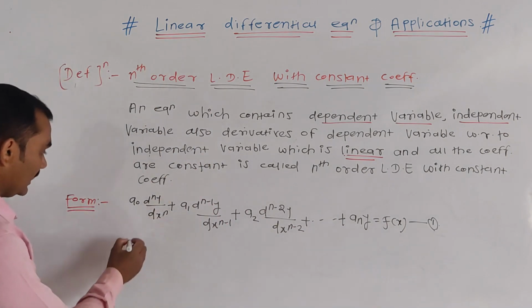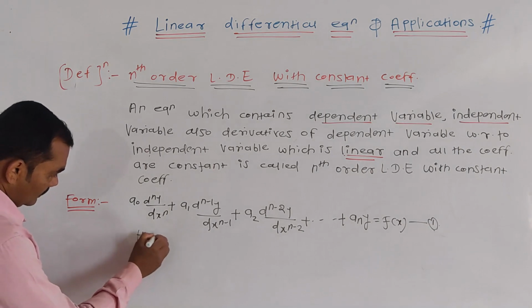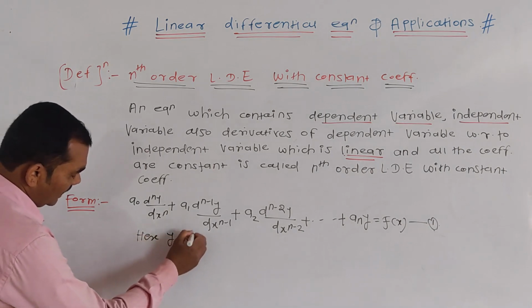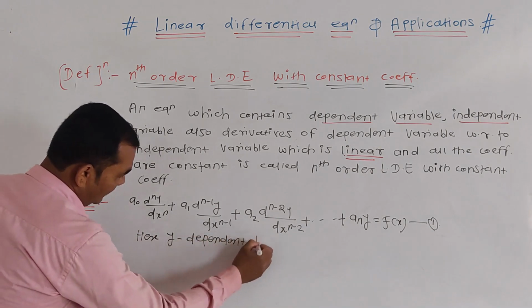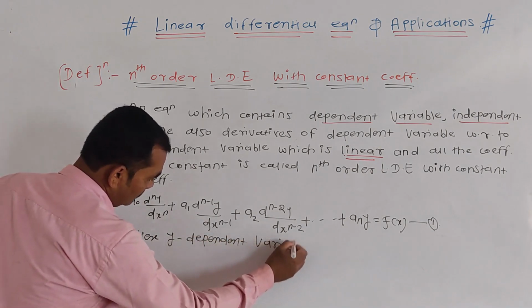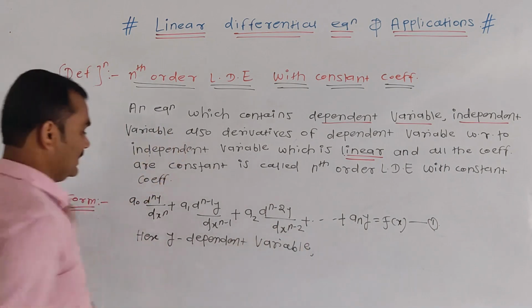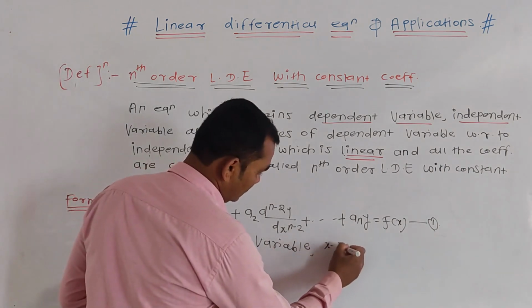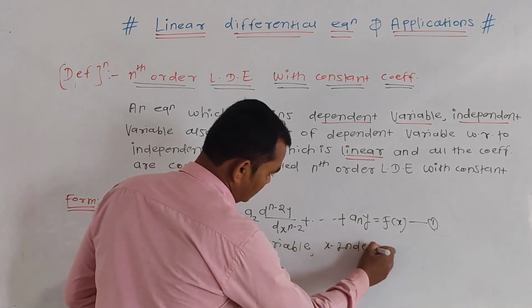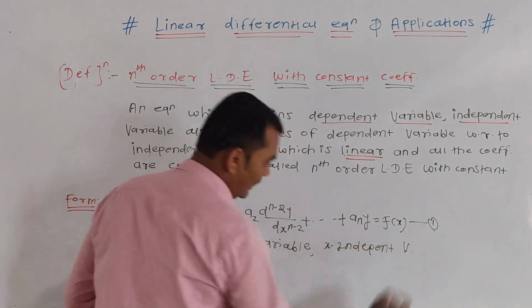Here, how is y? Here y is the dependent variable, and x is the independent variable.